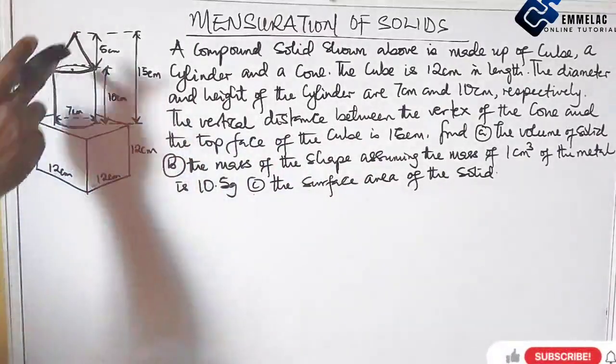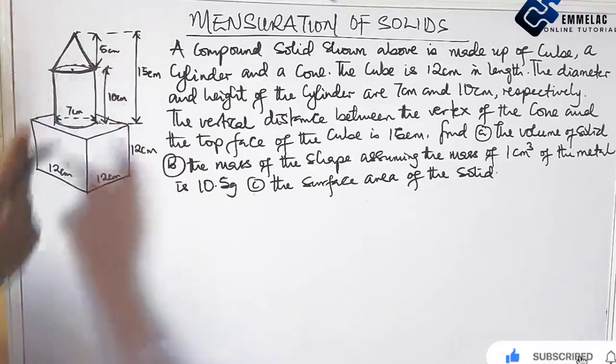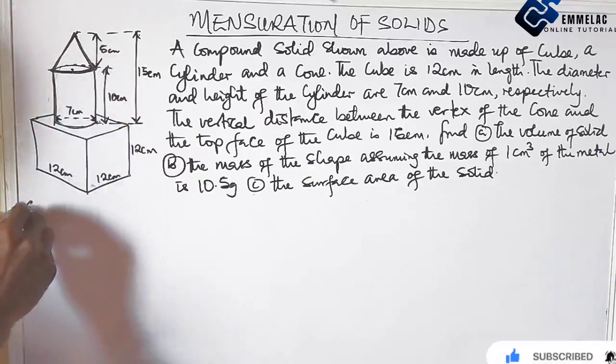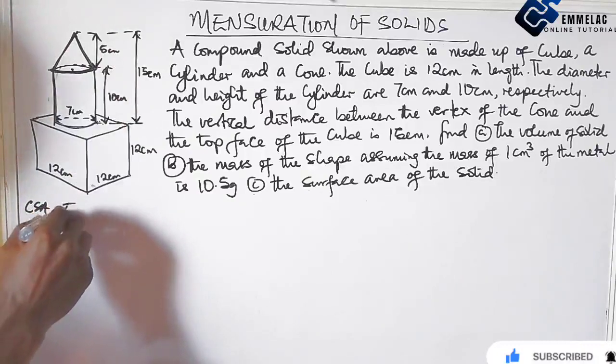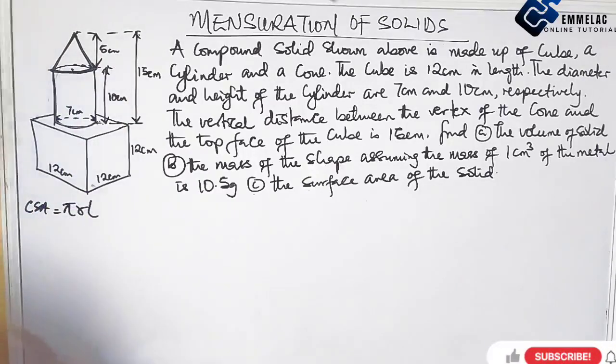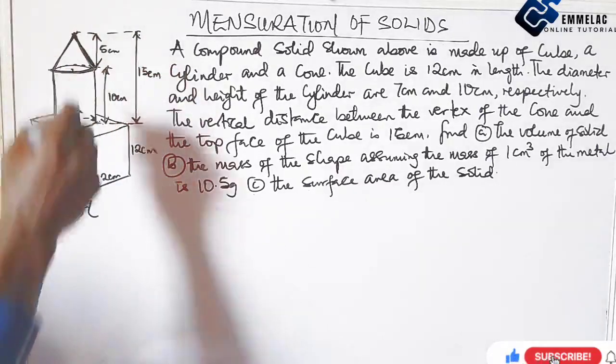Let us start from the cone. The surface area of a cone is given as pi r l, where l is the slant length, which is here.